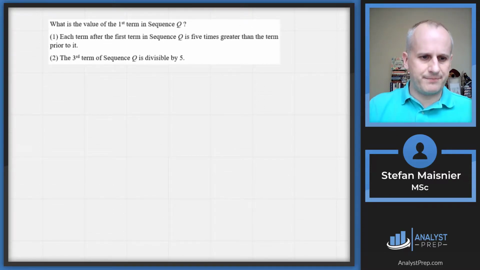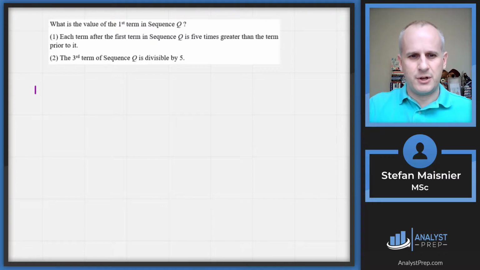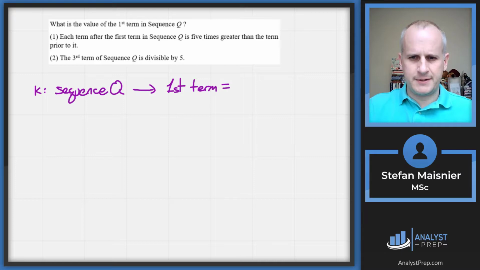So here we're setting up, trying to solve for the first term in sequence Q. So there's not a lot that we know, but we want to take account of it. We know that there is sequence Q, and we're looking for the first term, equals question mark.